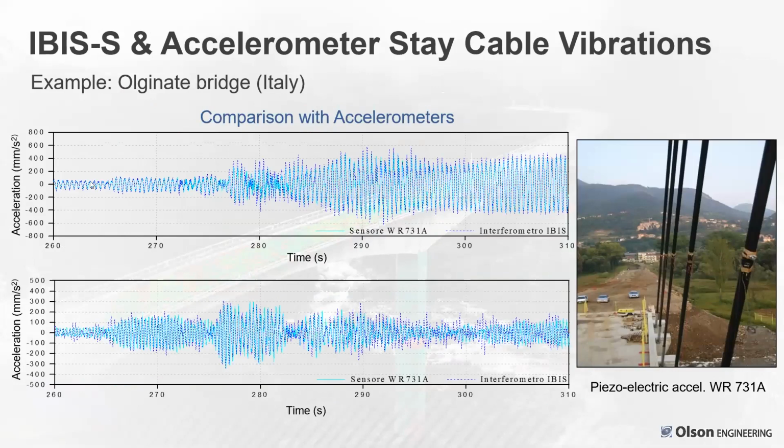It's hard to see in these plots, but there's actually a displacement time history of the accelerometer as well as the radar system, and they're virtually identical. And so this is showing 2 periods of time with both sensors shown on both plots, showing the vibrations match very, very carefully.